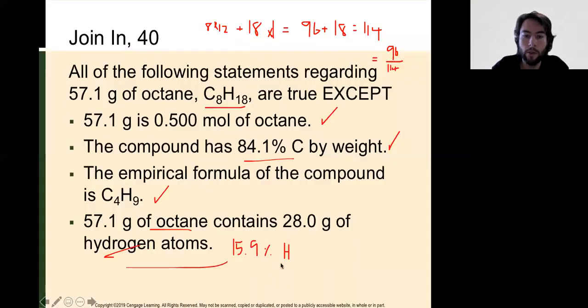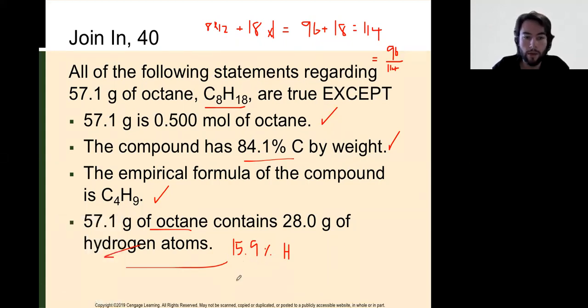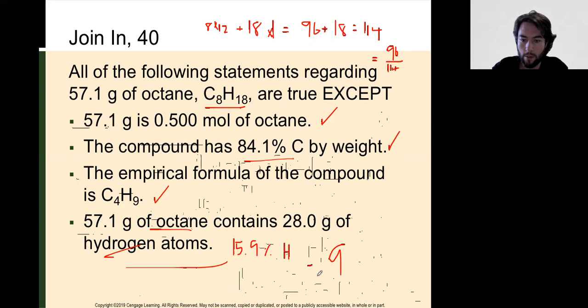If it's 15.9% hydrogen by weight, we can determine that 57.1 times 15.9 is about 9 grams of hydrogen. So this one is incorrect.